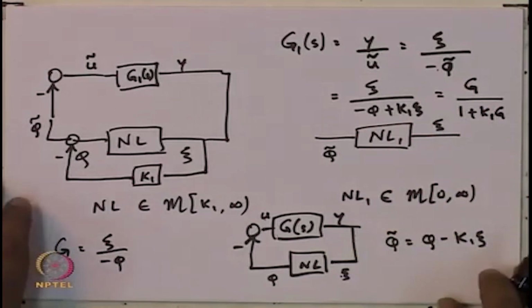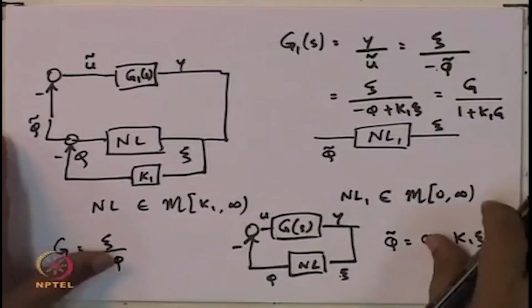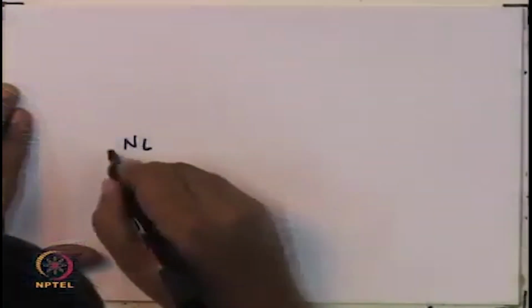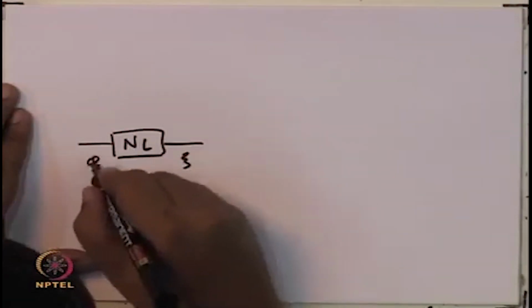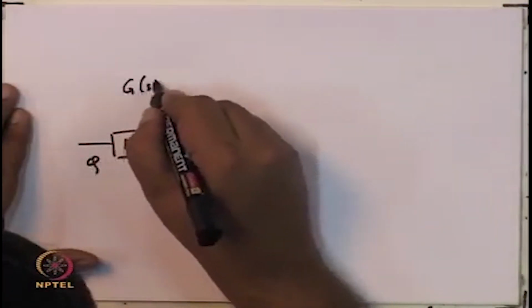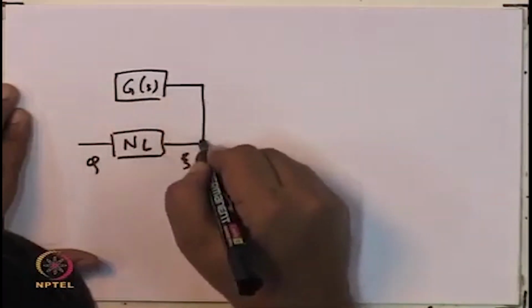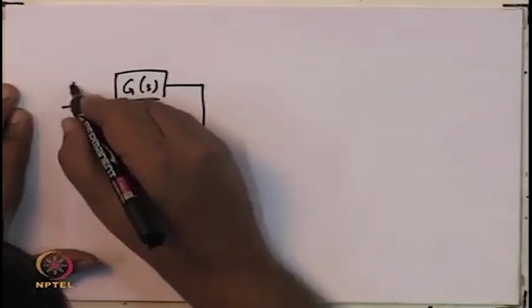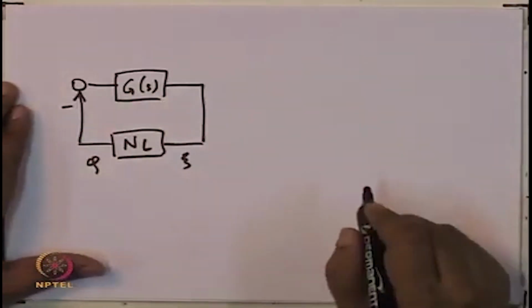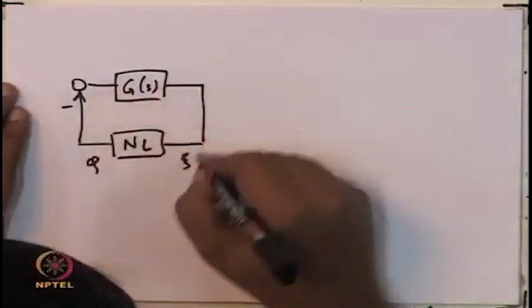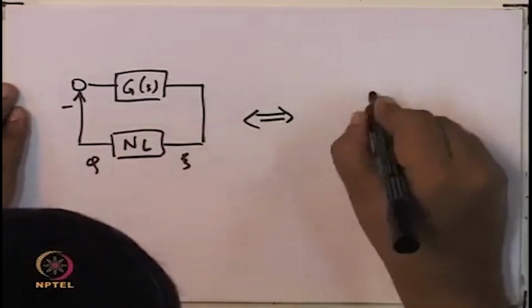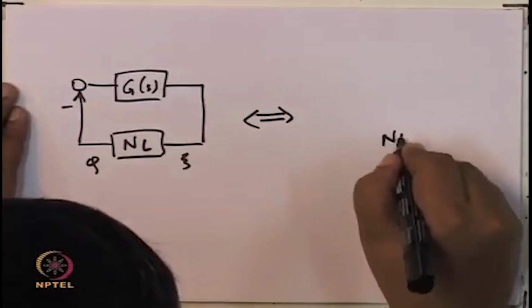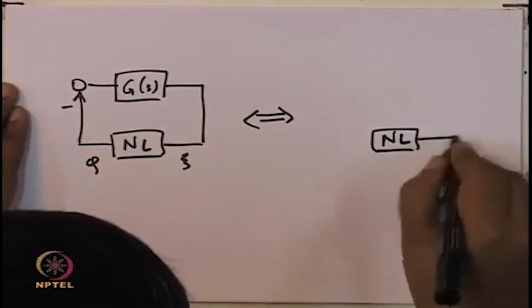So, what we are trying to say is the following. If you had a nonlinearity psi phi and you had this g of s, then this interconnection is exactly the same as the following interconnection, where you have the same nonlinearity as before.